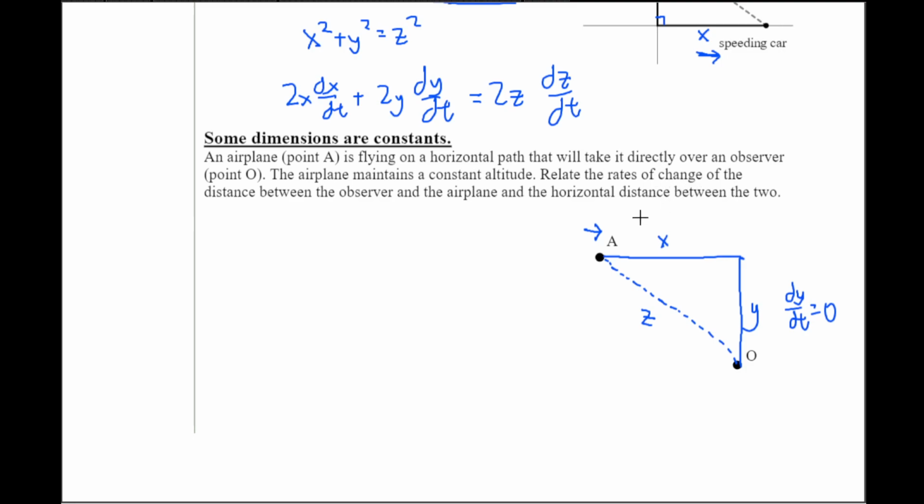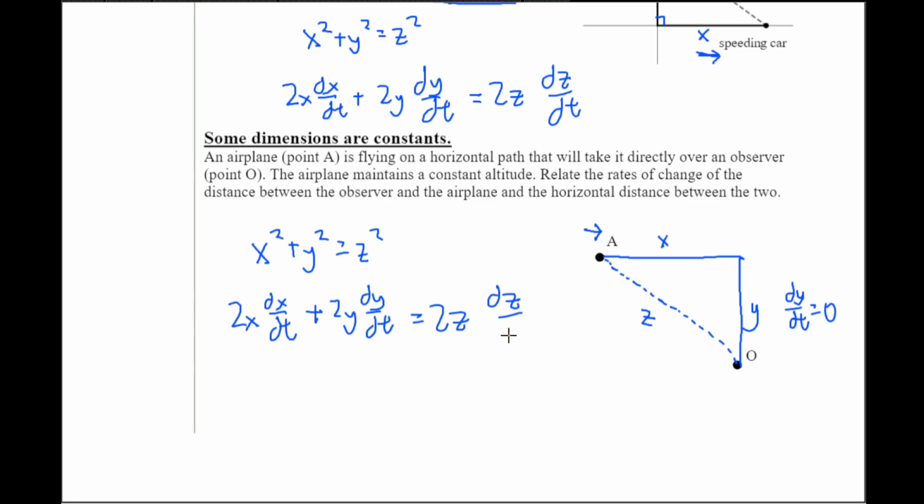Relate the rates of change of the distance between the observer and the airplane and the horizontal distance between the two. Because this is a right triangle, we can still do x squared plus y squared is equal to z squared. And we can differentiate with respect to time again. 2x dx/dt plus 2y dy/dt is equal to 2z dz/dt.